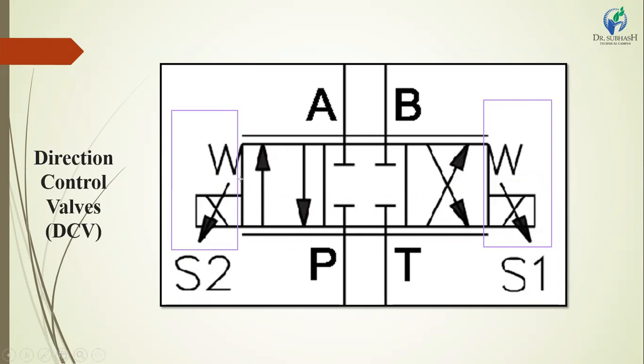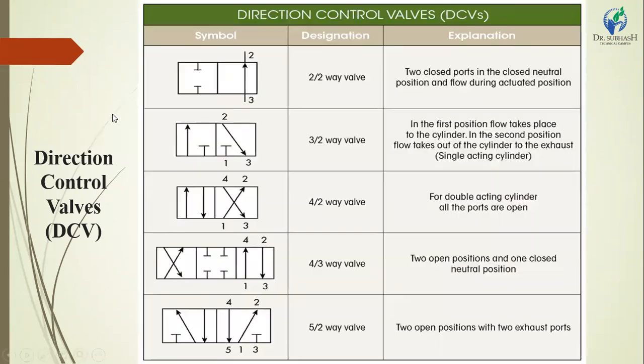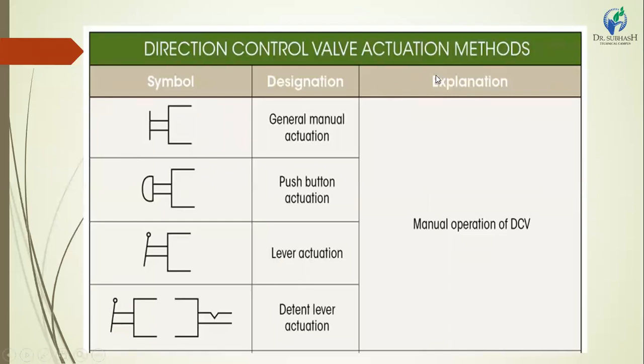Here the spring is mentioned, the DCV is written with a spring return, and this position is marked as a solenoid. It means the input condition works by the solenoid. So it is necessary to operate any direction control valve by an actuation method.